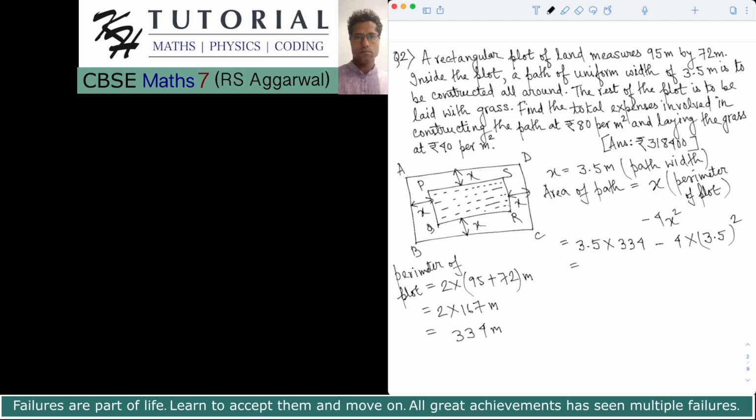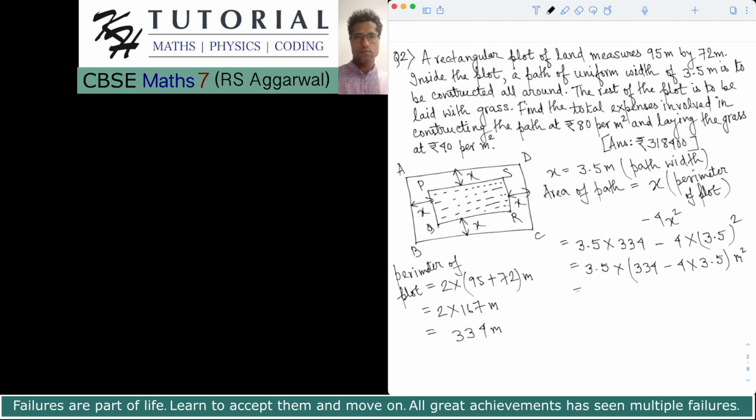Now you can take 3.5 as common, and this will be 3.5 multiplied by 334 minus 4 multiplied by 3.5, this much meter square.